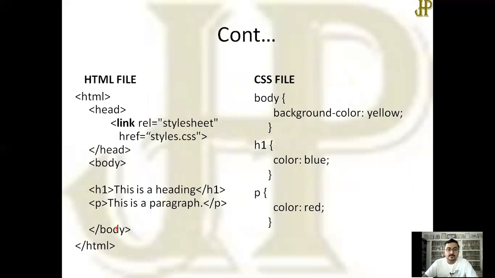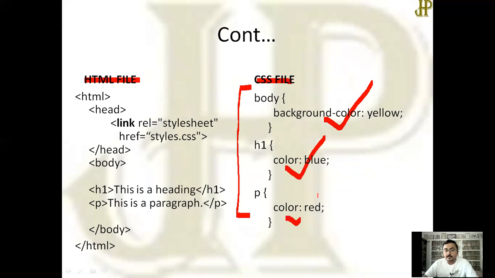Here you can see that this is the HTML file and this is the CSS file. In the CSS file I have done the same thing I did in internal. Body background color is yellow, H1 color is blue, and paragraph color is red. Now this file is to be inserted in this HTML file. How? With the help of the link element.